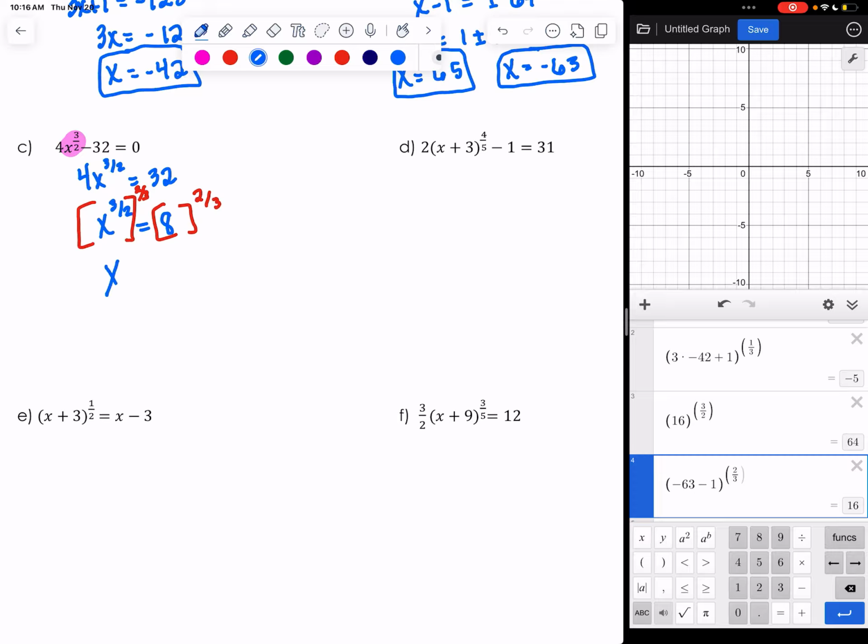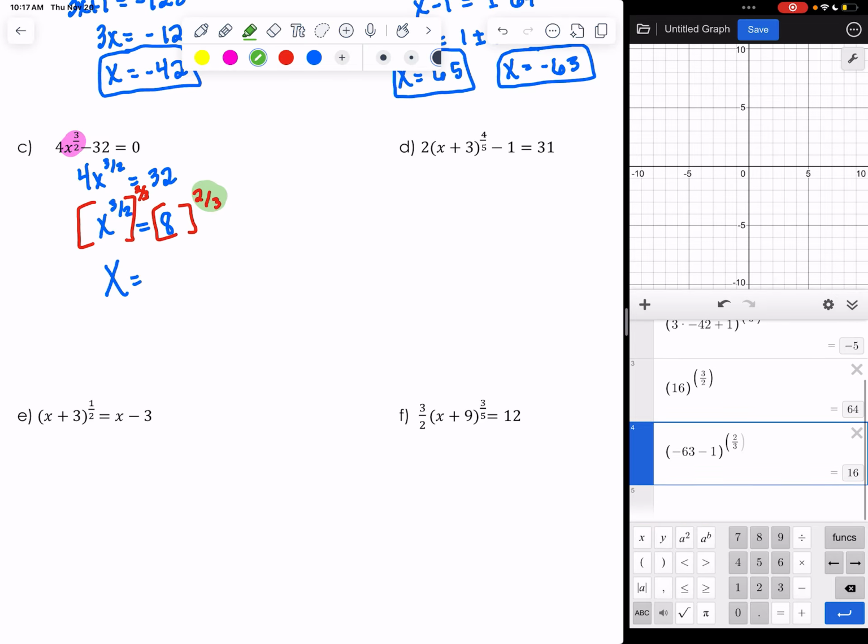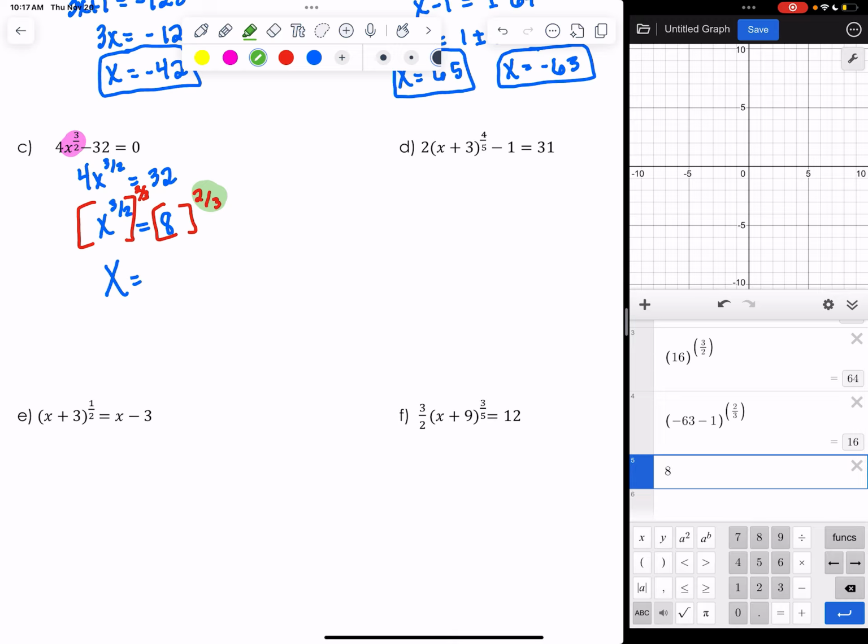Now let's talk about if we need to use plus or minus in this problem. So if I'm looking at my power that I raised here, the denominator is 3, which is an odd number. So I do not need plus or minus here. So this will be 8 raised to the 2/3 power, which is 4. Okay, again, do not box it in though until you check it to see if it's extraneous.